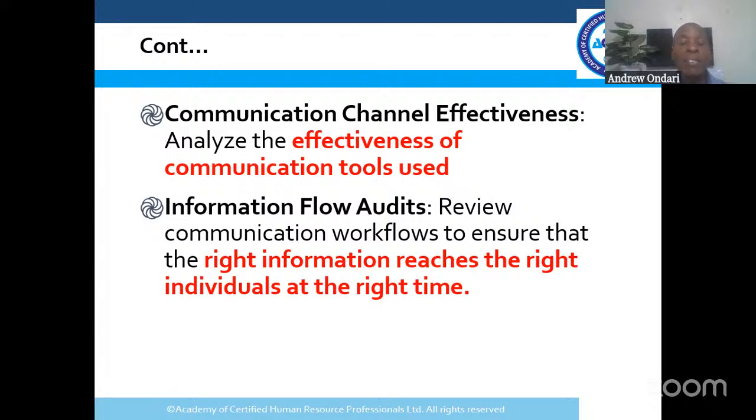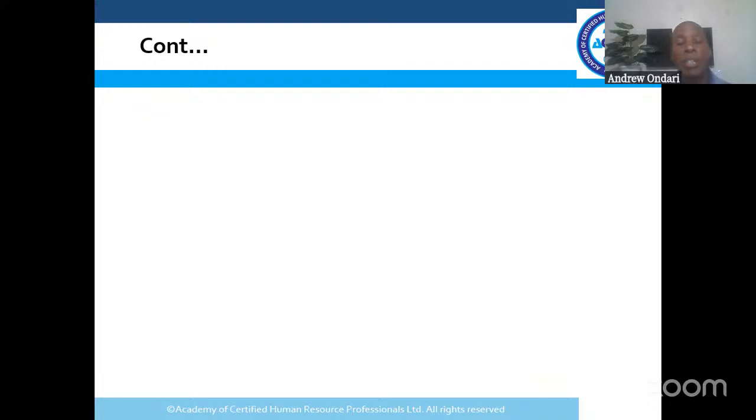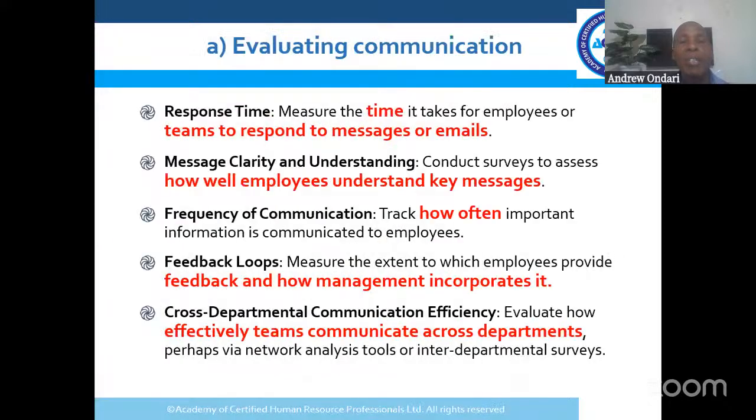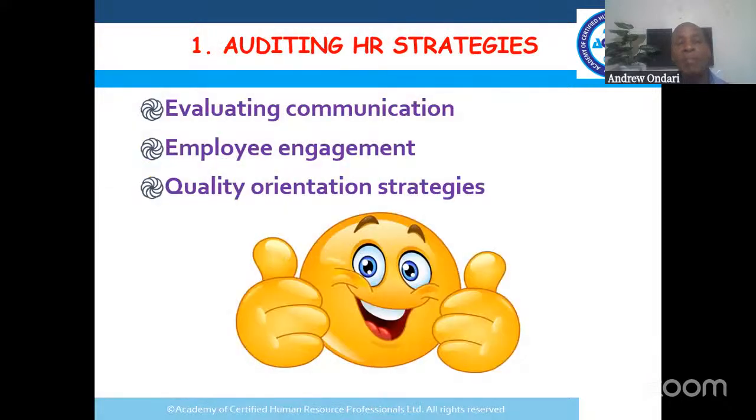Point of emphasis is that information should get to the right people for whom it is intended. So that ends our first element of strategy, which is communication. So if there is a question on communication, you can ask before I move to the next one, which is employee engagement.